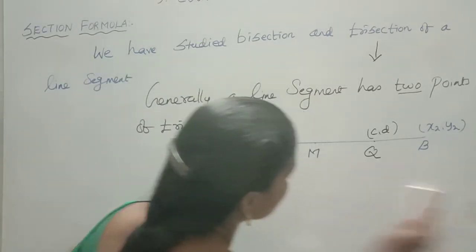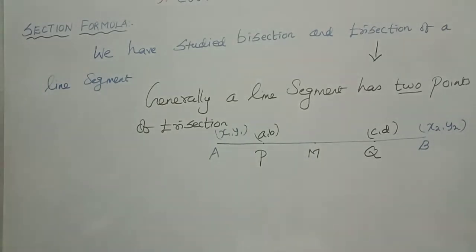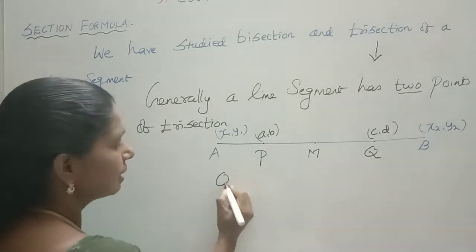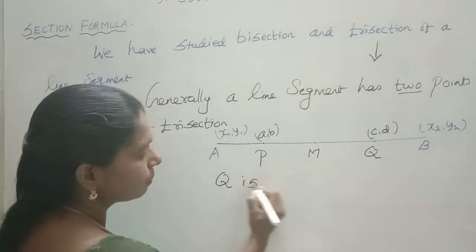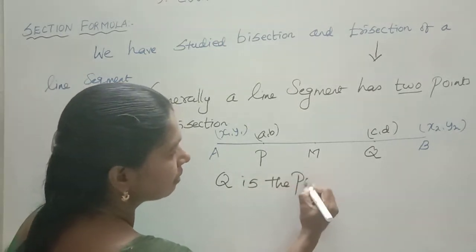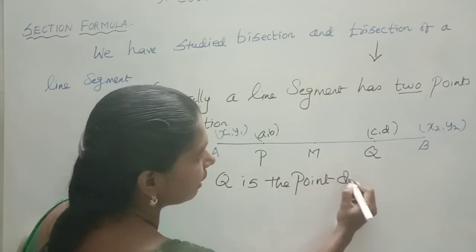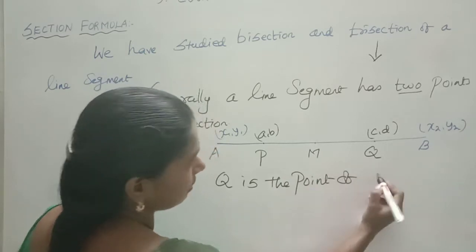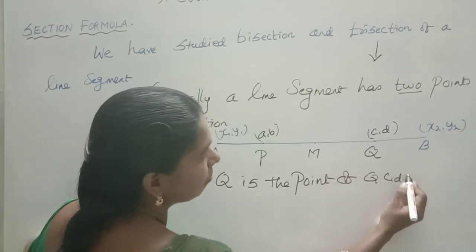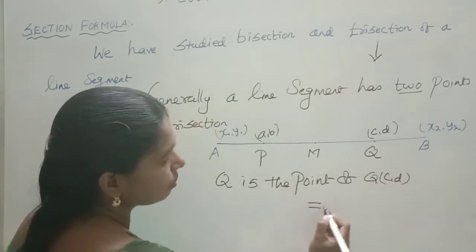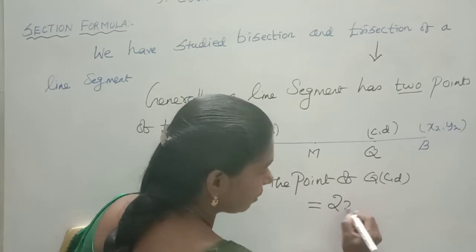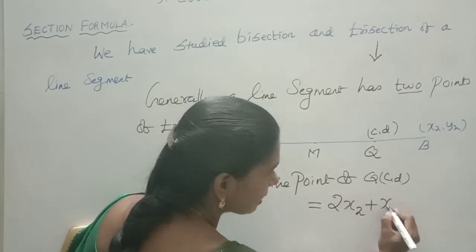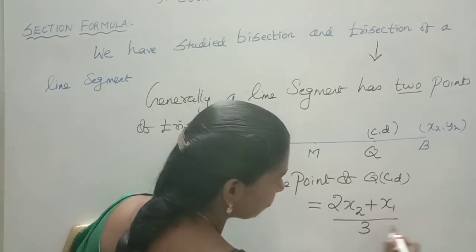I am just revising this for you, because the formula is big and we have to memorize it. Now, suppose Q is the point C comma D. This x coordinate will be (2x2 + x1)/3.